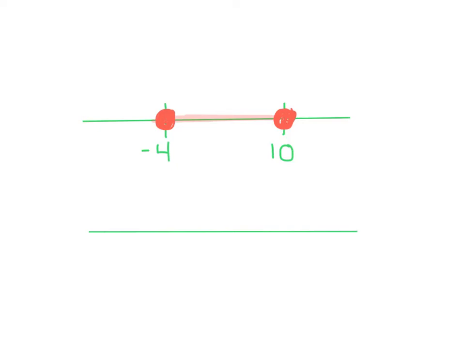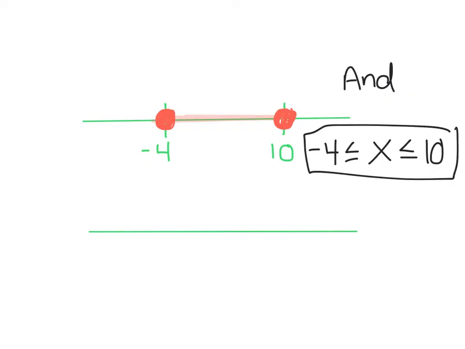I just want to quickly remind you of how to write an inequality for some different scenarios. In this one, it should look like an and to you. And this one is best written with the x in the middle. You're saying that the smallest x will be is negative 4, which is less than or equal to x, which is less than or equal to positive 10.